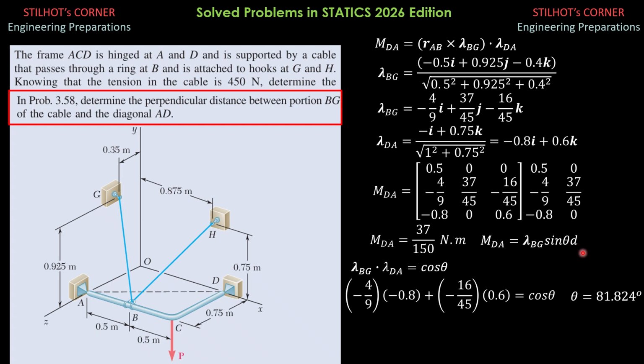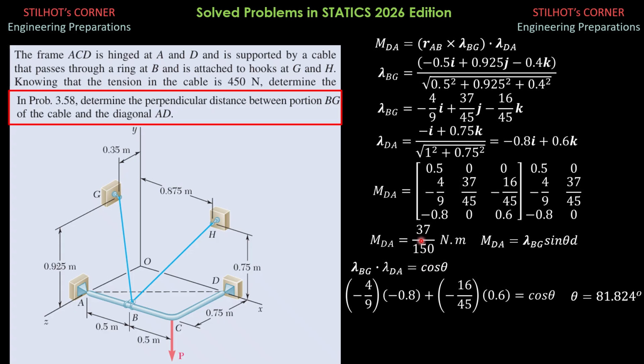So therefore, the shortcut formula for the distance between two axes is the moment of one force, with magnitude 1 Newton, along one axis, that's the moment, then divided by sine of theta. So that's the shortcut.